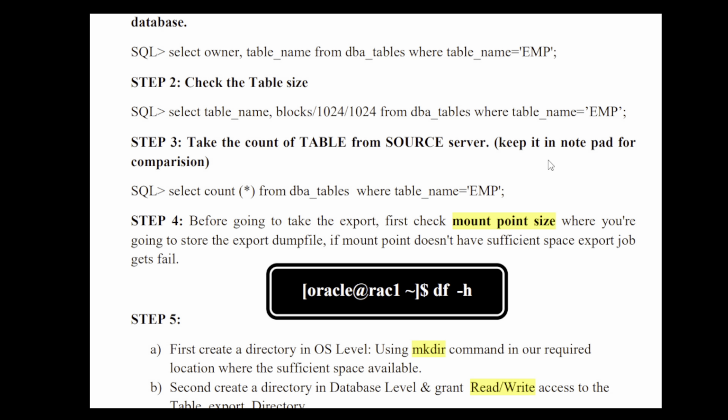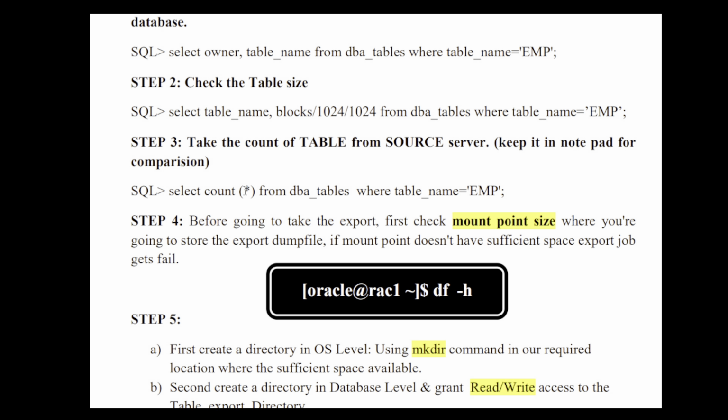The number of rows is the count. So take the count of the table from the source server. Why are we taking this? Because if a client asks us, hey, you did not import correctly, my table does not have the same data, to avoid that kind of confusion, just before doing that, we need to take the count for comparison purposes.